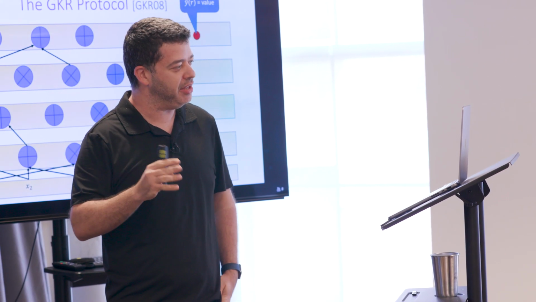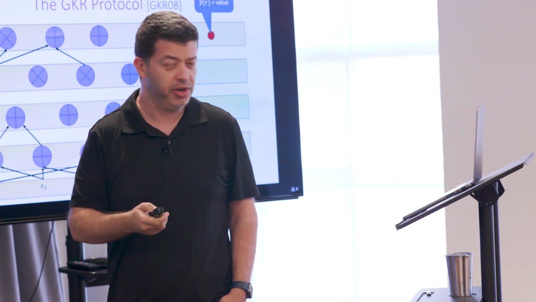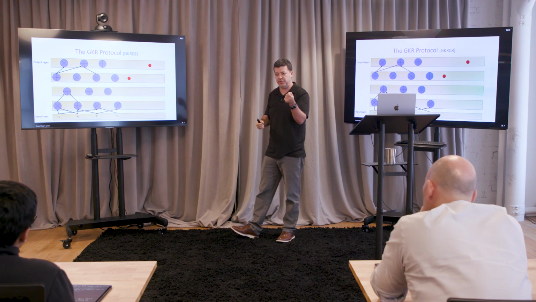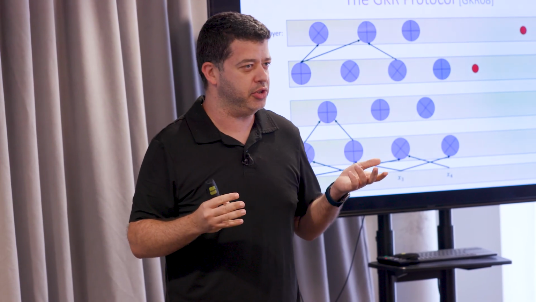But just to not leave you hanging, let's see how the protocol works from here on. So the next thing that happens is some little interactive protocol that manages to reduce a claim about a single point in the output layer to a single point about one layer below that. So there's a specific interactive reduction that manages to do that. It relies on the sum-check protocol, but the specifics won't matter for us so much.